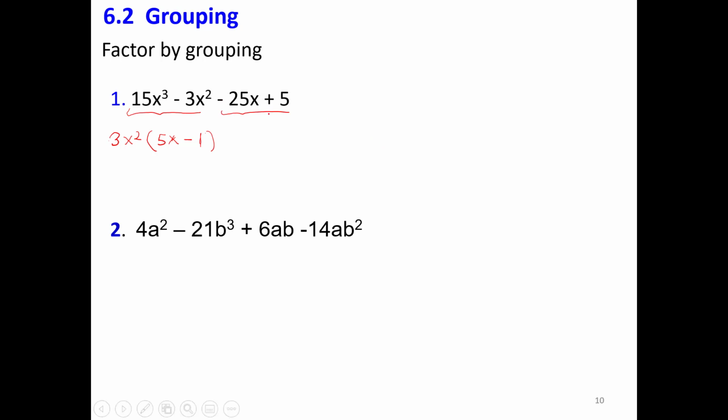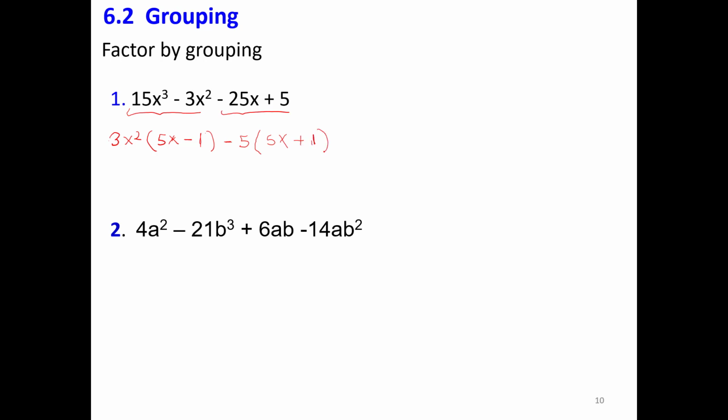Let's see first what the greatest common factor is: 5. And let's try negative 5. What is left inside? 25 divided by 5 is 5, 5x. And 5 divided by 5 is 1. Let's write 5x plus 1.